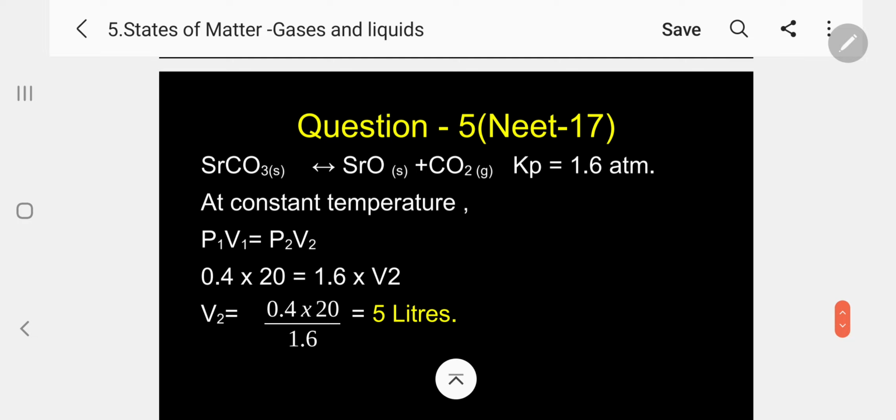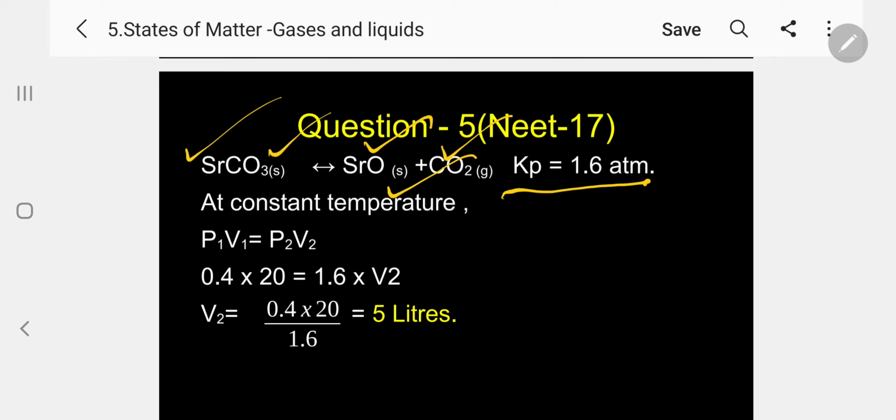Now let me explain this equation. SrCO3 solid, on decomposition, gives SrO solid plus carbon dioxide. So Kp value is 1.6 atmosphere. So at constant temperature, according to Boyle's law, P1 V1 equal to P2 V2. So all the data are given.